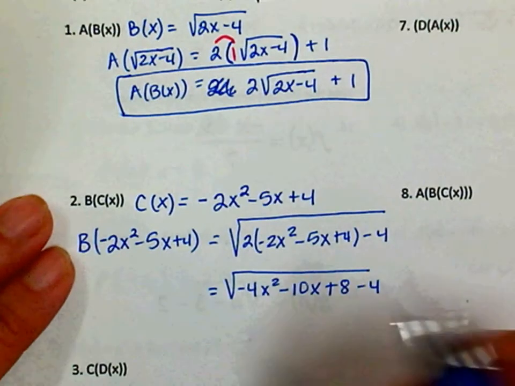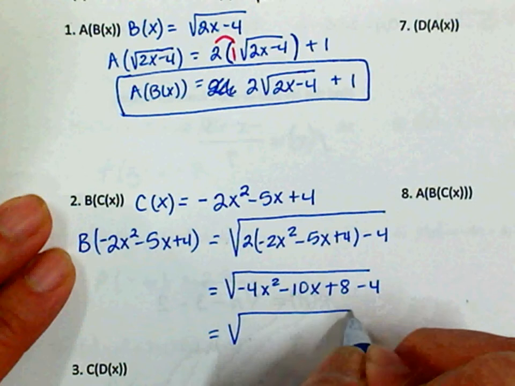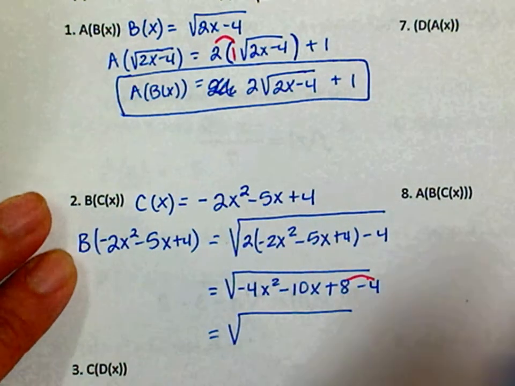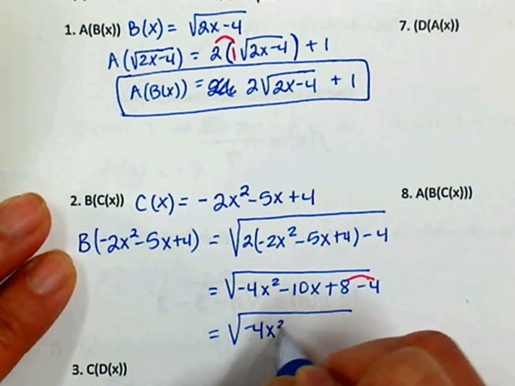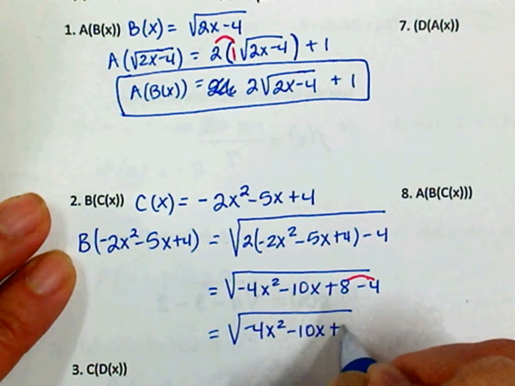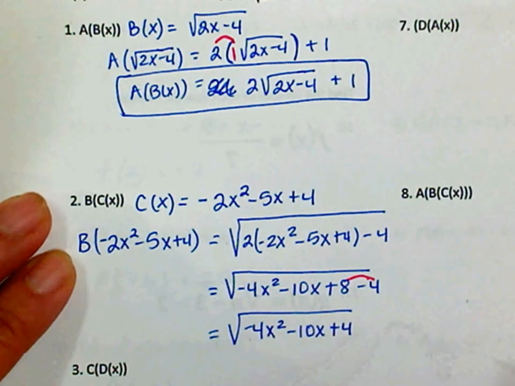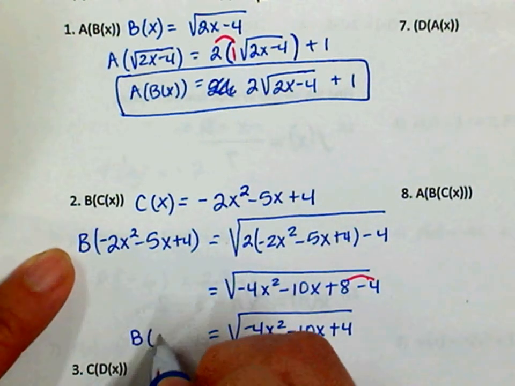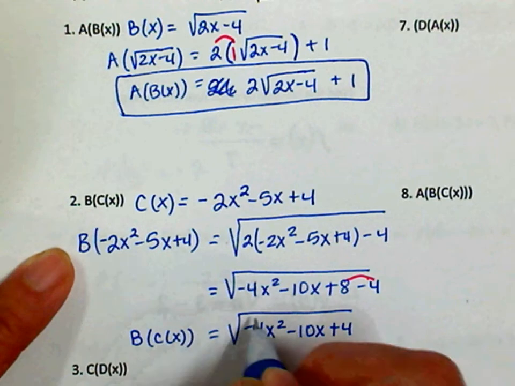Combine your like terms. These are the only two that are like terms. So negative 4x squared minus 10x plus 4, all of it under your square root. Nothing else to do, so we're going to label b of c of x.